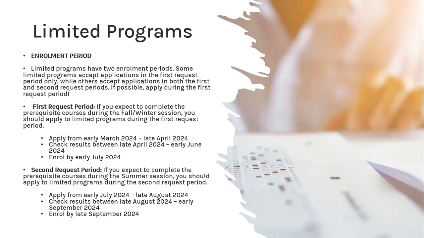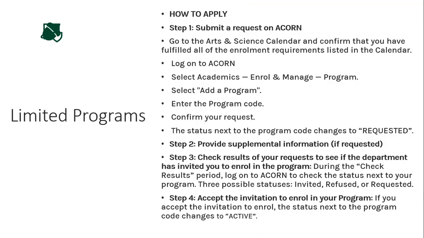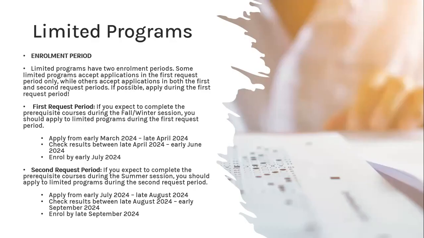Students will be able to check the results between late April and early June. However, for students who might not have met the minimum grade required to get into these programs or need to retake some courses in the summer, you'll be applying during the second request period, which is early June to August, and you're expected to check the results between late August and early September.